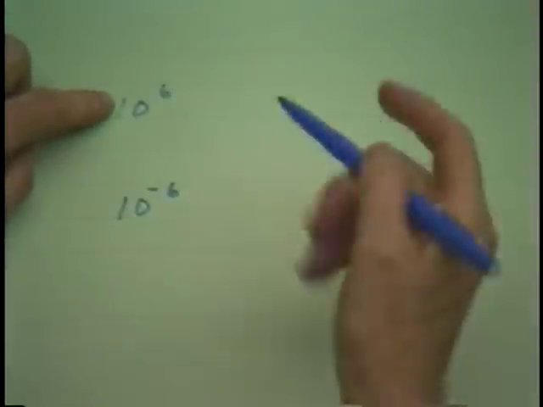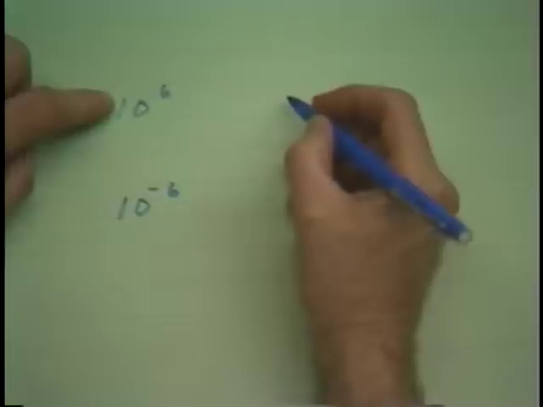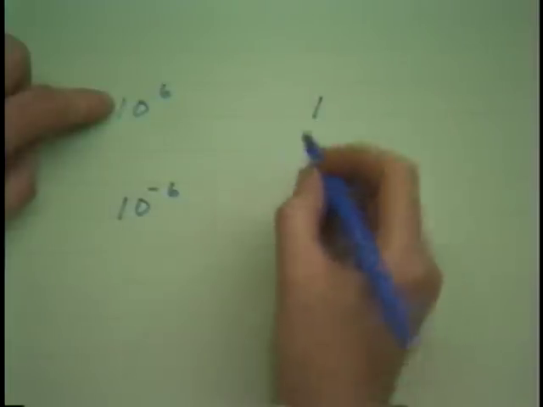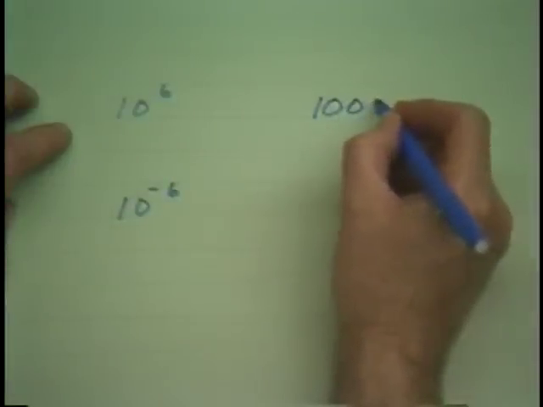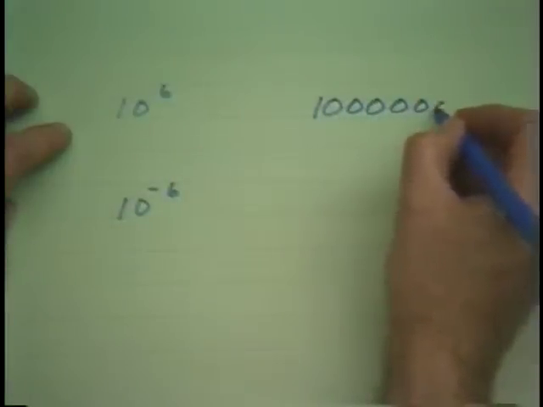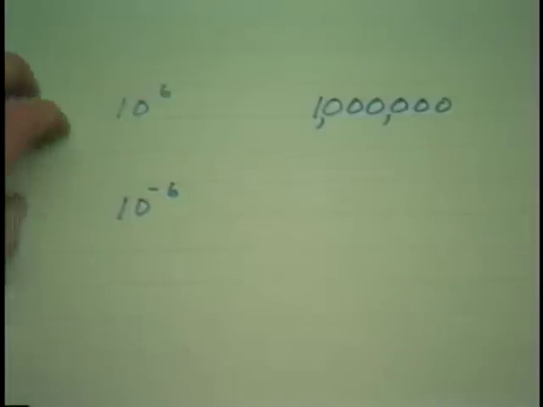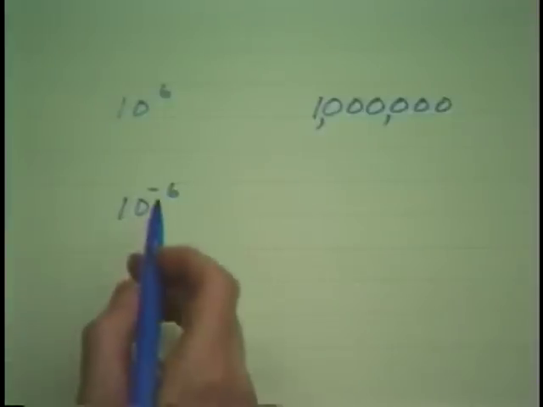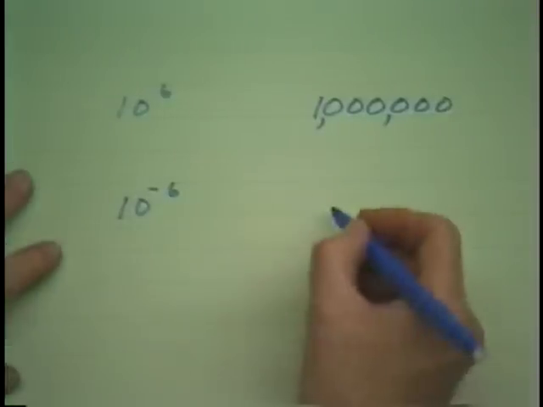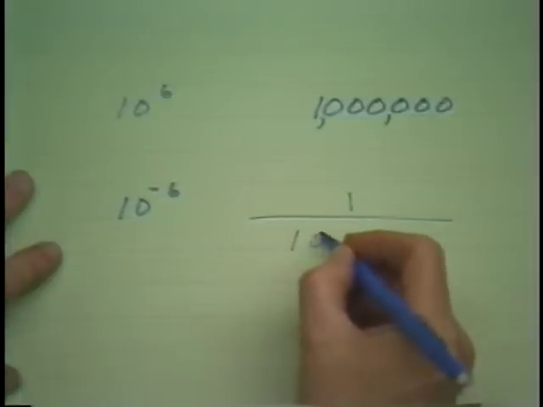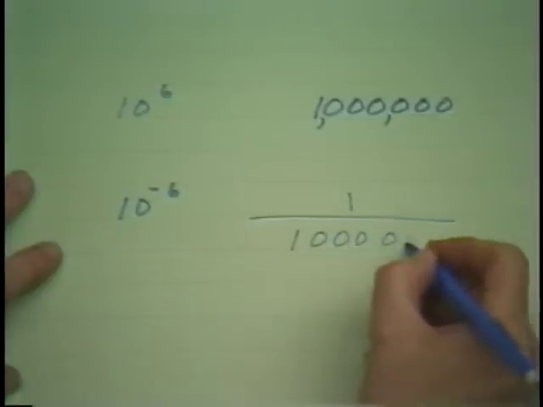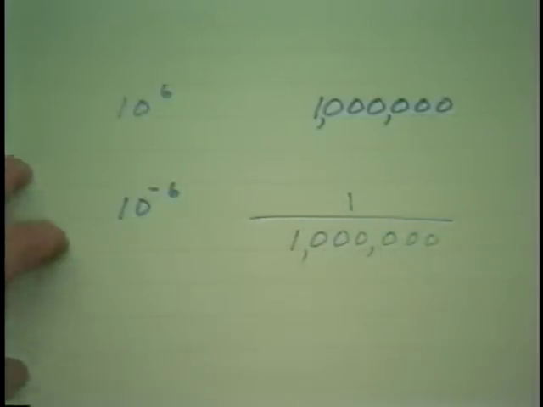Now let's write this in standard notation. Recall that we had simply said write a 1 with 6 zeros behind it. Or if you would, 1 million means 1 over 1 followed by 6 zeros, or 1 millionth.